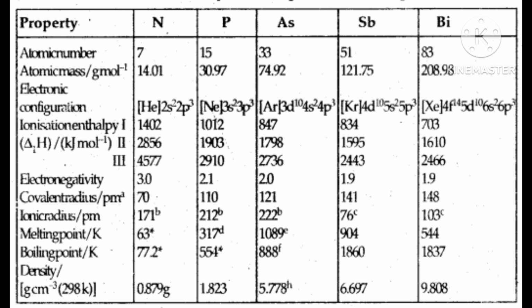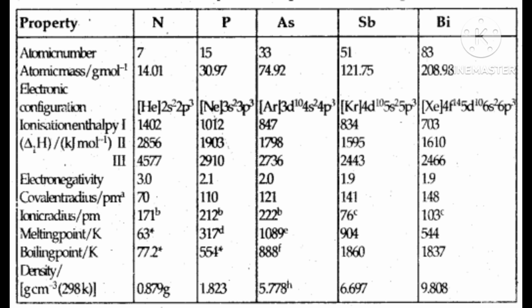And in phosphate, PO4 3 minus, there is 4 coordination involving s, p and d orbitals. Here this is important. In phosphate, you can see how many orbitals are taking part.